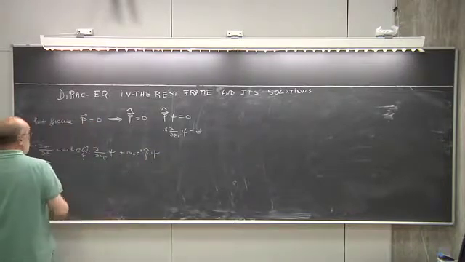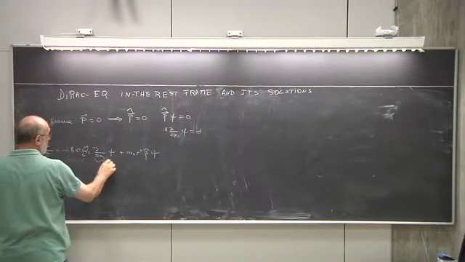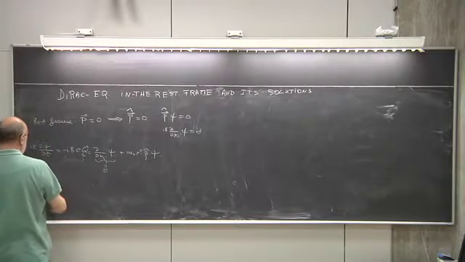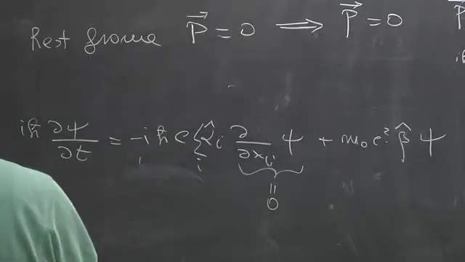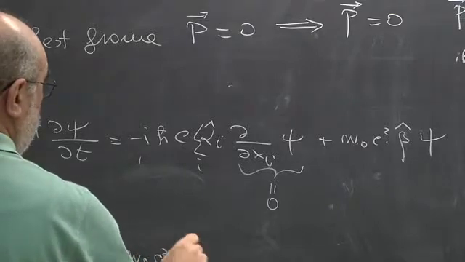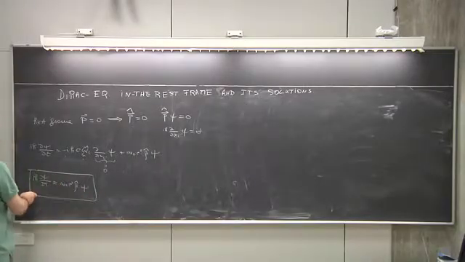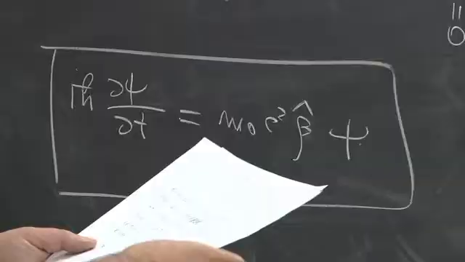Now, we are in the rest frame, so this term is 0. So the equation boils down to dψ/dt equals m0 c² β ψ (with the factor iħ). Okay, so this is the Dirac equation in the rest frame.